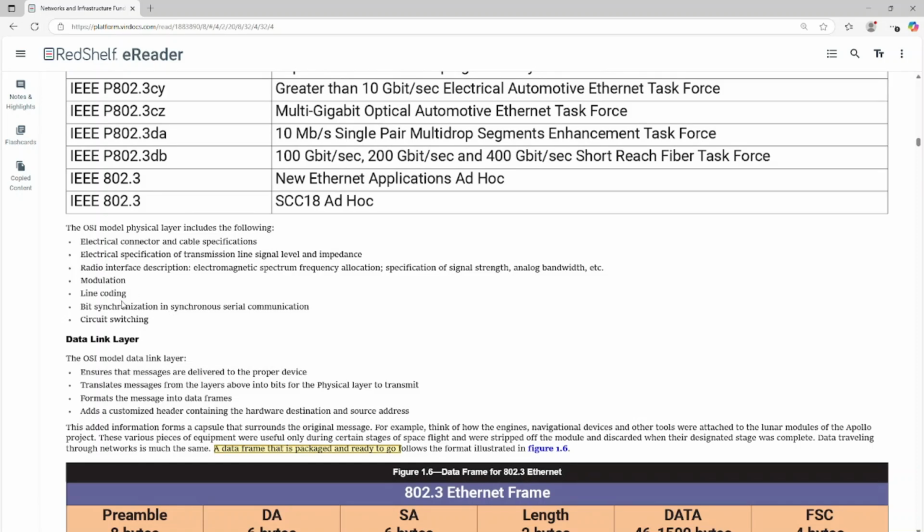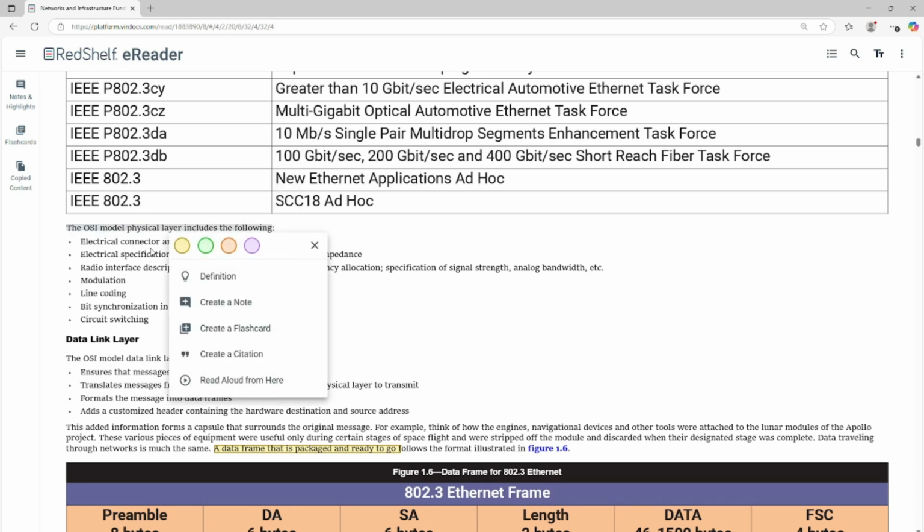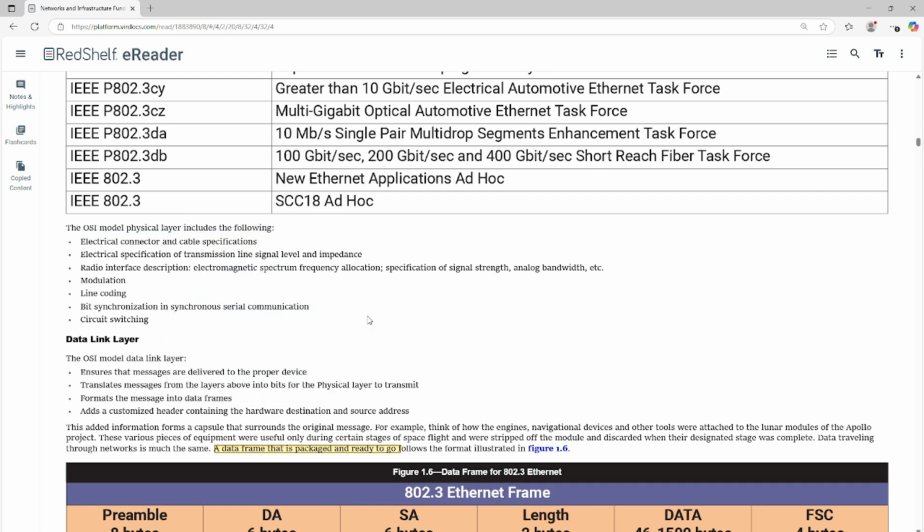Before we dive into the data link layer, which is layer 2, you should keep in mind that the OSI model physical layer includes the following: electrical connector and cable specifications. Yeah, we talk about cables. Electrical specification of transmission line signal level and impedance.